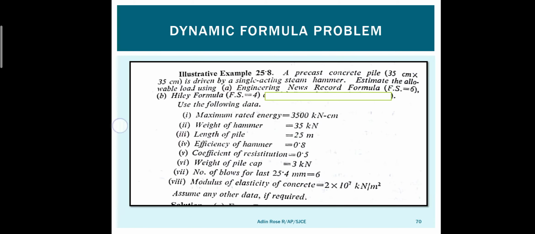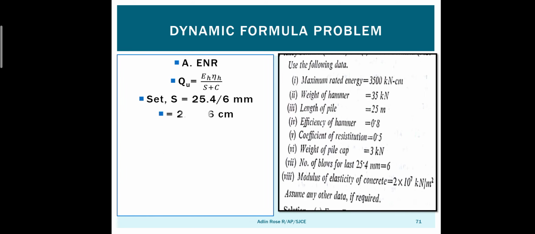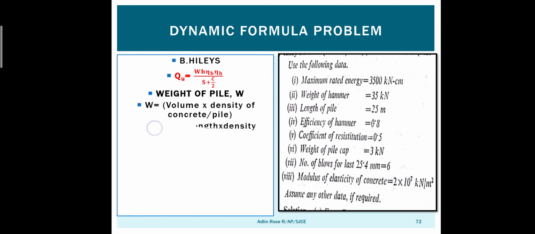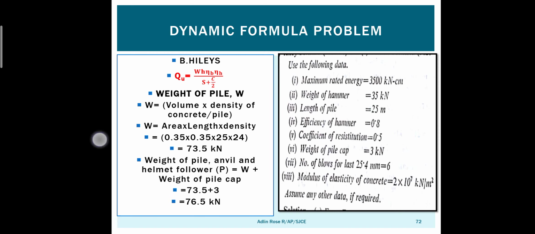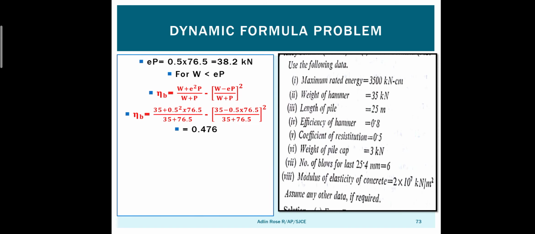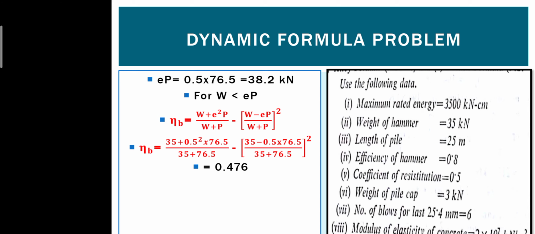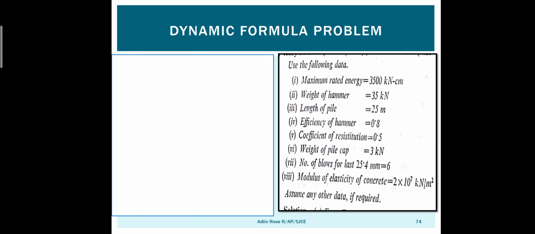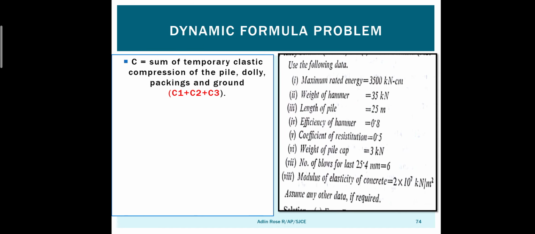Sorry, I didn't notice it. Okay, W is 73.5. That should be substituted here. I'm sorry for the 35 substituted in this formula. It's not 35, it is 73.5. So 73.5 plus 0.5 square, 76.5. Substitute the values, but the answer is correct, 0.476. This is already in the book actually, so the answer is correct. Took the answers from the book itself.